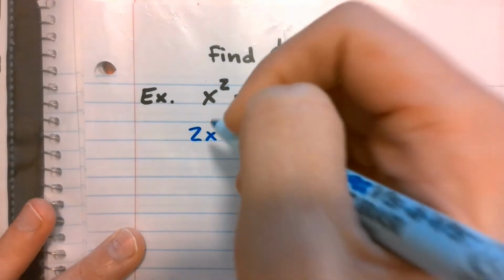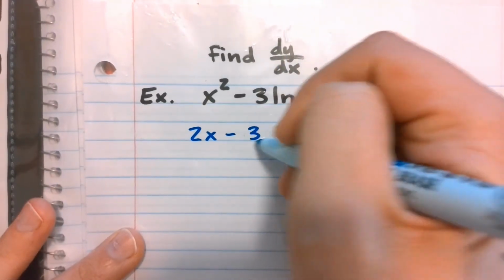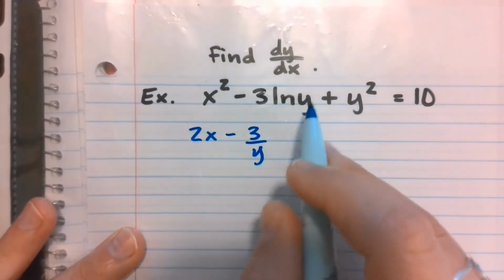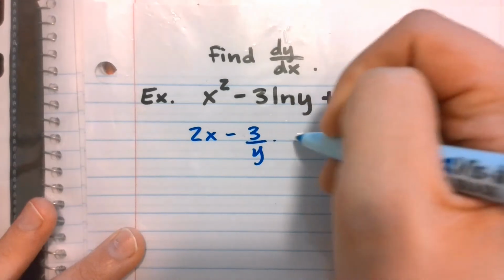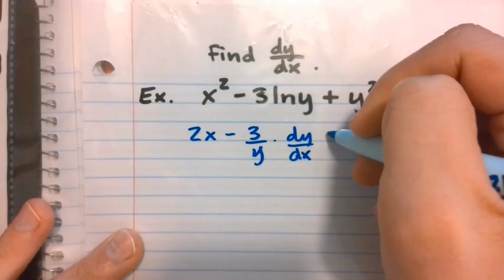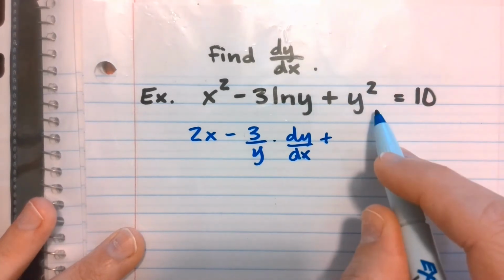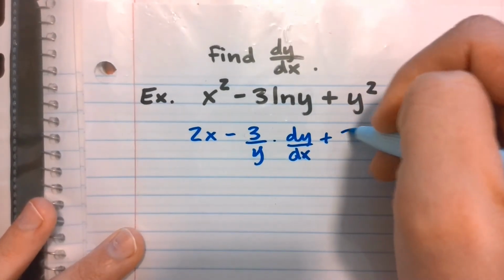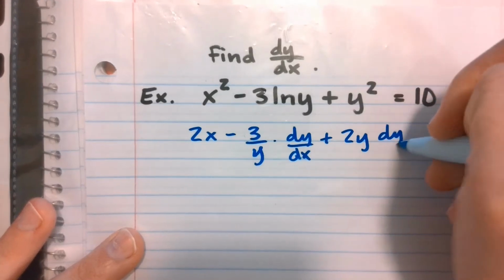So I'm going to split that a little bit and go ahead and say a -3 over y, because that's like 1 over y, times dy dx. And then again here, our y squared has a y in it, so I've got my 2y, but then dy dx.